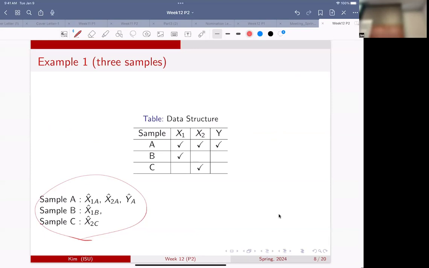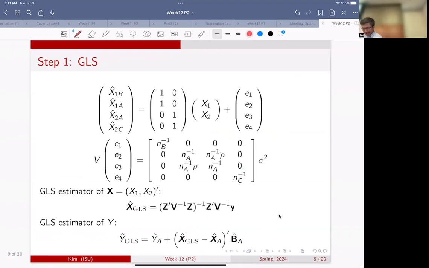Like NRI, you can use each subset to construct the design-based estimator and combine them. Then you can construct the best estimator of X, and also the best estimator of Y. But the best estimator of Y should be the regression estimator with X hat GLS as the control total that you want to leverage.